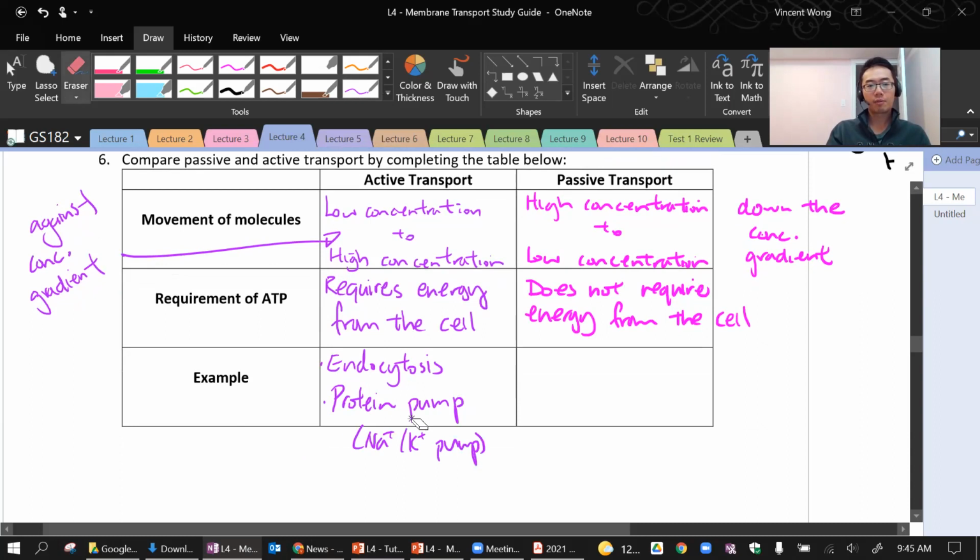That's an example of a protein pump. Passive transport would be diffusion, osmosis, and facilitated diffusion. These are some examples.